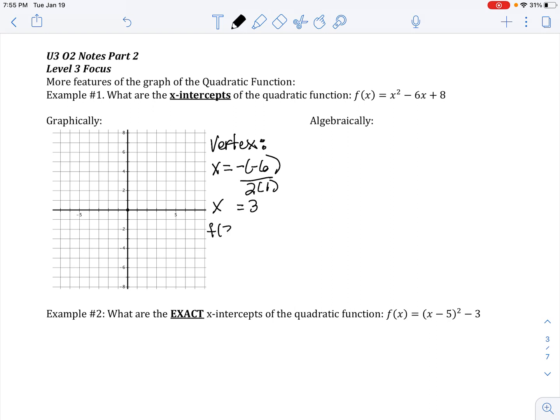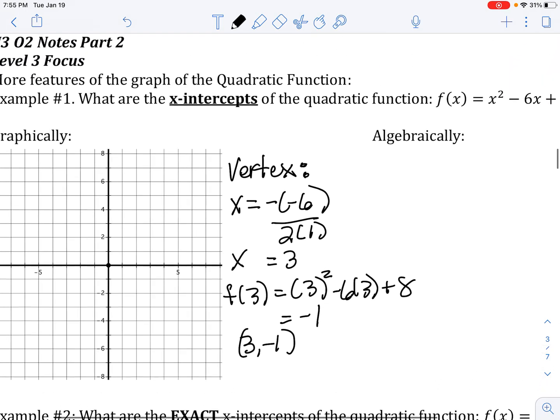And then of course we plug that 3 back in, so we do f of 3, which is going to be 3 squared minus 6 times 3 plus 8. So that's going to be 9 minus 18, which is negative 9, plus 8, which is a negative 1. And so my vertex is (3, -1).